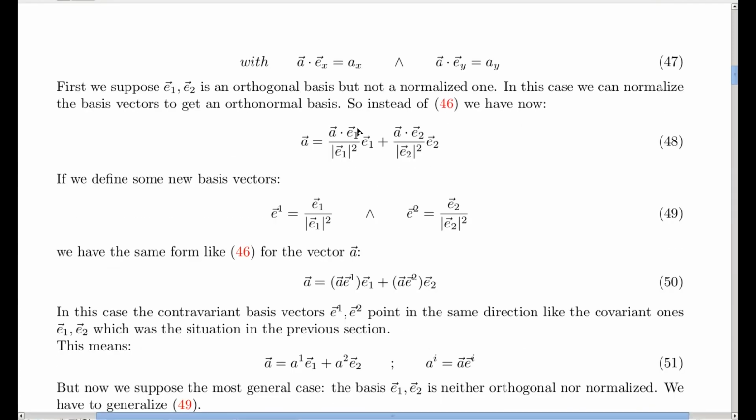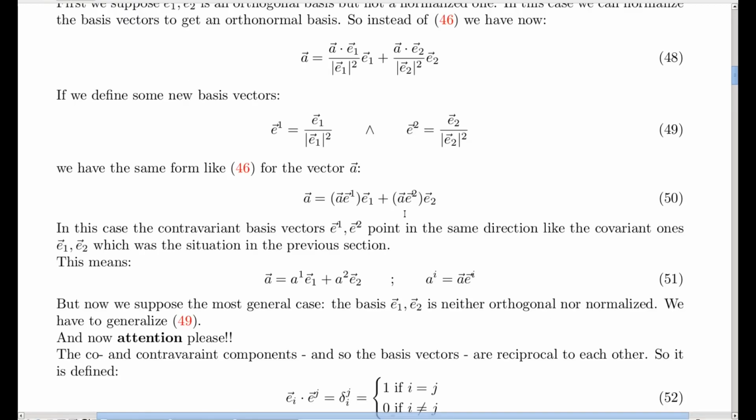Then we have the same shape like in 46, but here we have now the contravariant basis vectors in the equation here. Okay. And here in this case, when we have an orthogonal basis, then co- and contravariant basis vectors point into the same direction, but they have not the same length. They are reciprocal to each other.